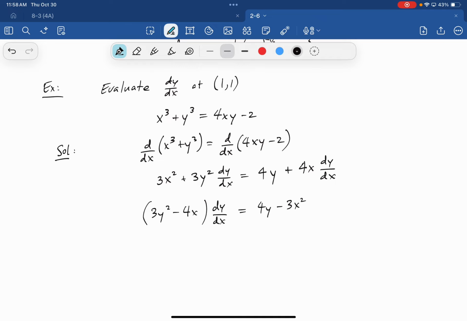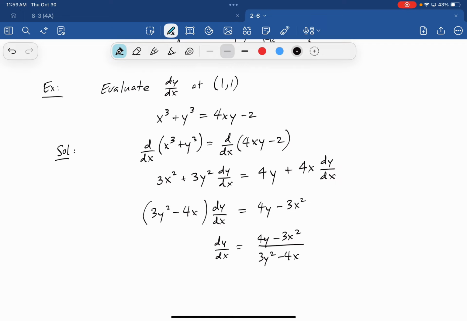And so my final answer for dy/dx is 4y minus 3x squared over 3y squared minus 4x, just dividing both sides by 3y squared minus 4x.